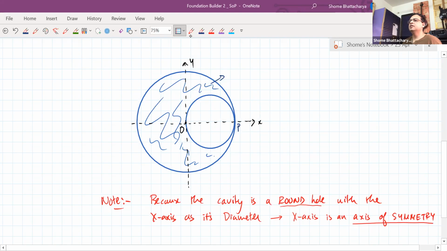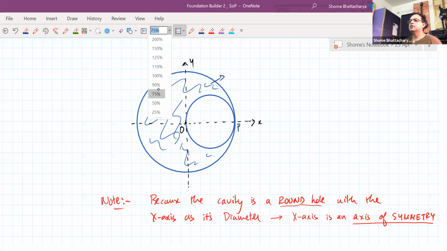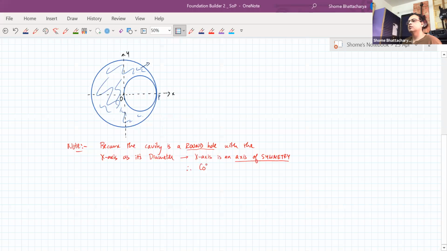So axis of symmetry, that means the first thing I can say over here is that the center of mass of the given structure, which is basically the disk of radius r with the cavity, not the entire disk, a round cavity of radius r/2, is on the x-axis.